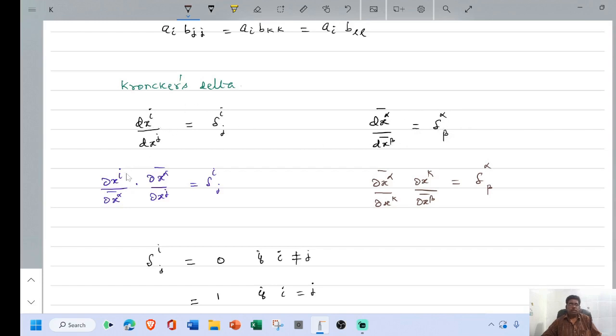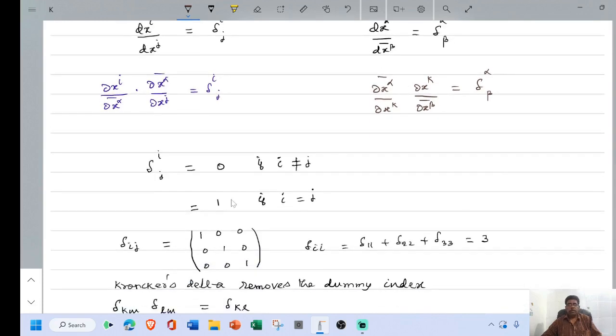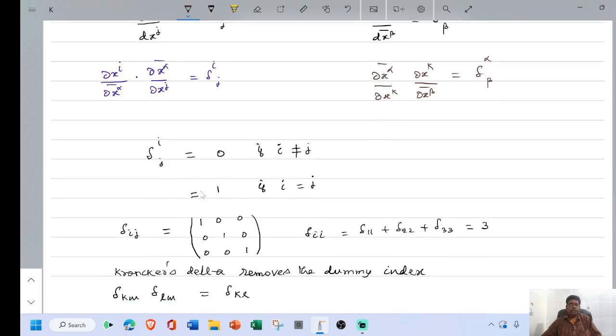We may expand this in this form: dou xi divided by dou x bar alpha dot dou x bar alpha divided by dou xj, that is equal to delta ij. In the same manner we can expand this also. The value of Kronecker delta is equal to 0 if i is not equal to j. If i is equal to j, the Kronecker delta value is equal to unity.